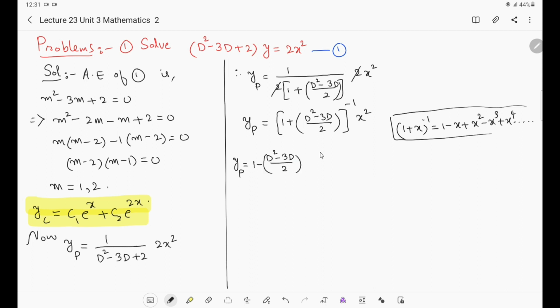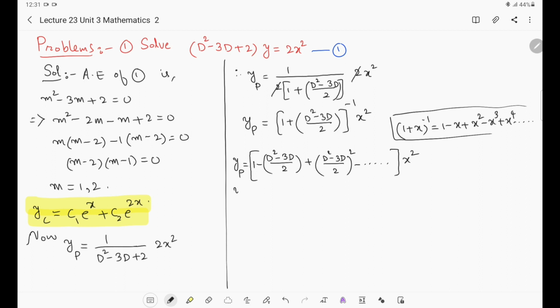Then plus x square, what is x square? d square minus 3d by 2 whole square, then minus and so on, right? This is the expansion of 1 plus this bracket term, into x square.